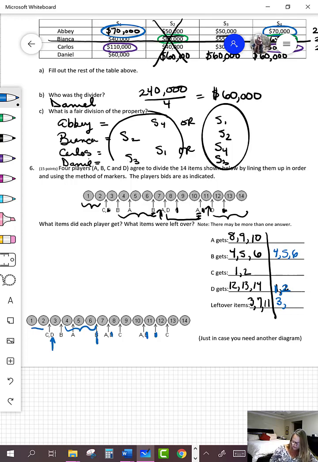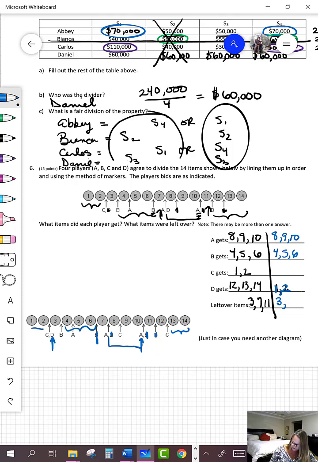And so if we look at where is our next marker, our next marker is A. And A stops here. And so A is going to get 8, 9, and 10.